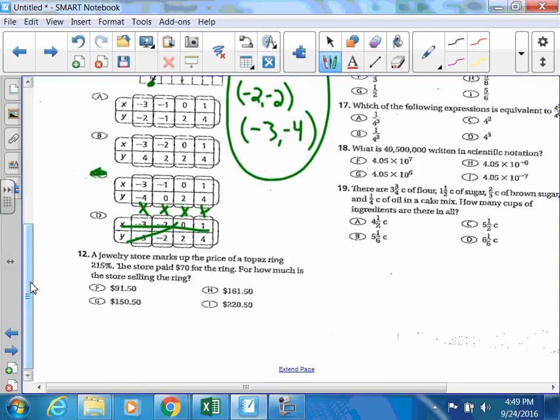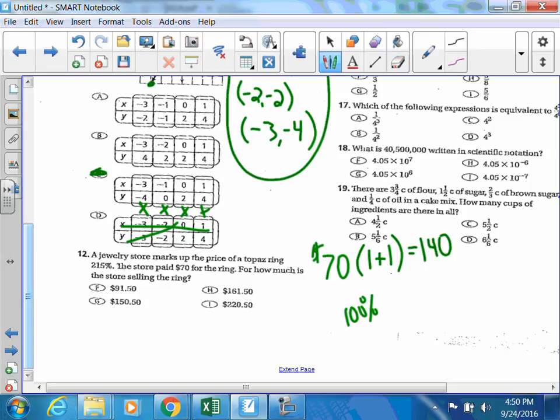Okay, now we have a jewelry store that marks up the price of a ring by 215%. They paid $70 for the ring. How much will we sell it for? Okay, so think of it like this. If the ring is $70 right now and we do a 100% increase, we are basically multiplying 70 by 1 plus 1. We are timesing it by 2. So we are timesing $70 by 2, even though it's a 100% increase.